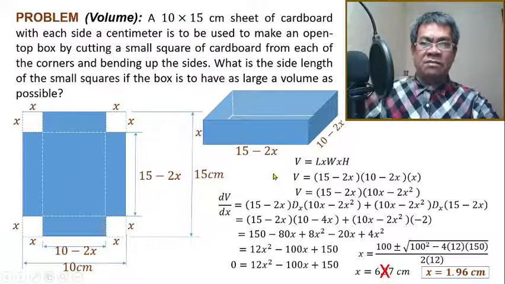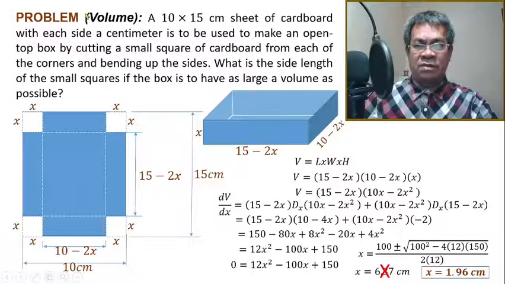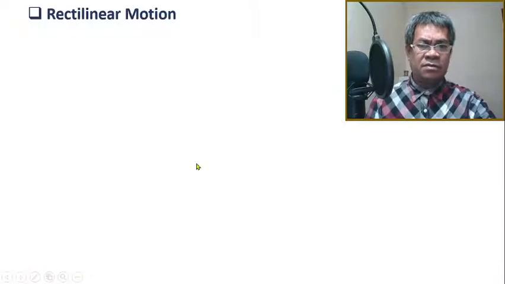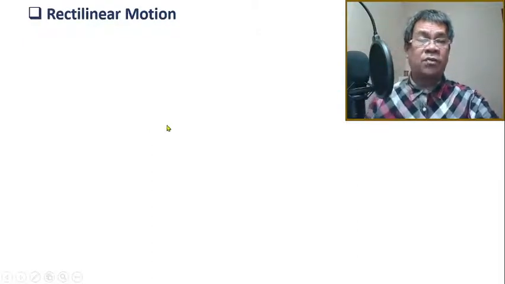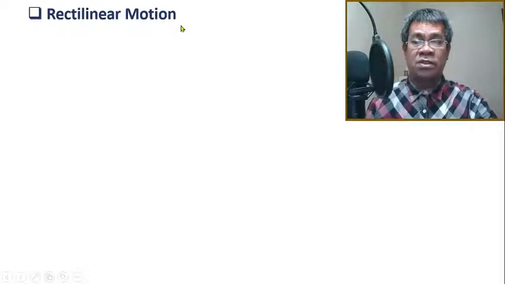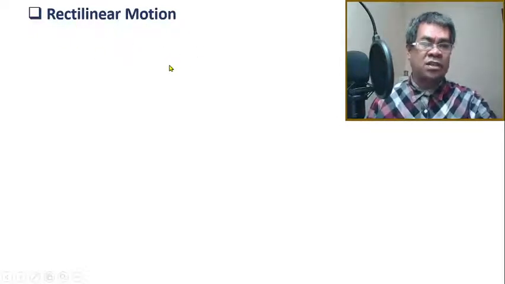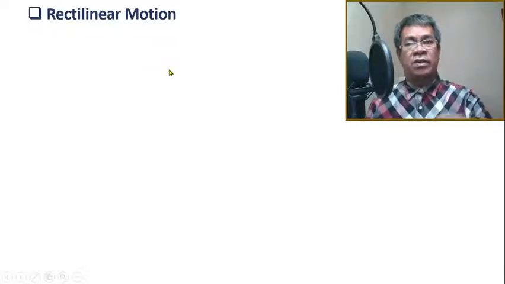Okay, so aside from the rate of change, by the way, maxima and minima, we can also use the principle of derivative. In fact, this is very important. Why do we study calculus? Because we want to prepare ourselves for physics. So in rectilinear motion, the particles move in a straight line.